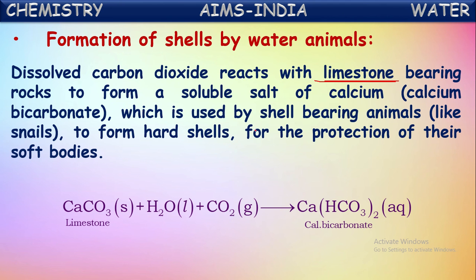Calcium carbonate, that is limestone, limestone bearing stones containing calcium carbonate, on reaction with carbon dioxide in the presence of water, forms calcium bicarbonate, also called calcium hydrogen carbonate. It is water soluble, so it dissolves into water after formation. This will be taken by shell bearing animals. They form hard shells on their body to protect themselves.